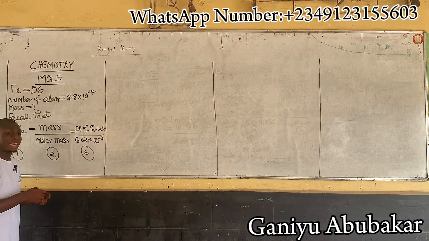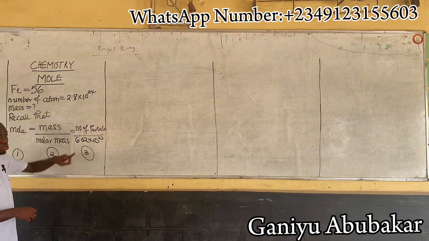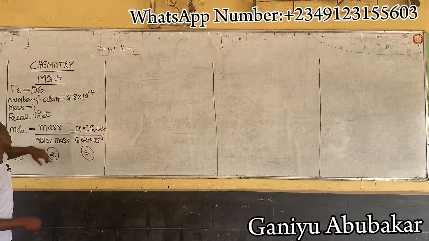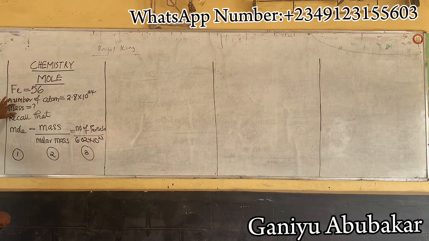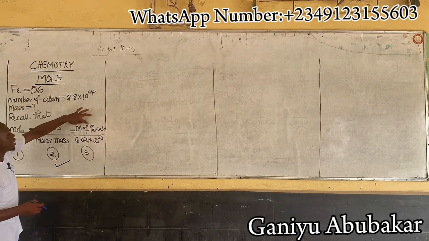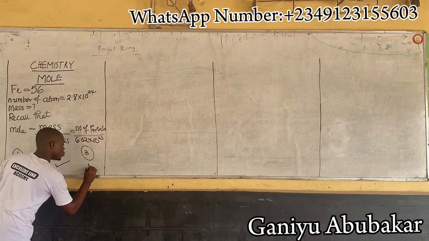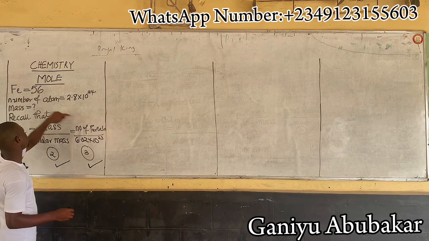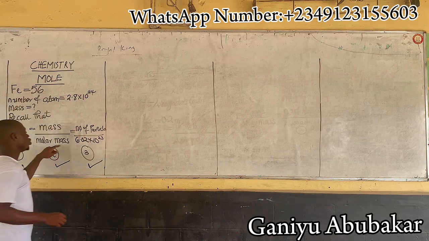Which one am I using exactly? You're only allowed to use 2. In this question, I'm looking for mass, so I must take equation 2. What am I given? The number of particles is given, that's atoms here. So I'm using equation 3 too. I'm using these two equations.